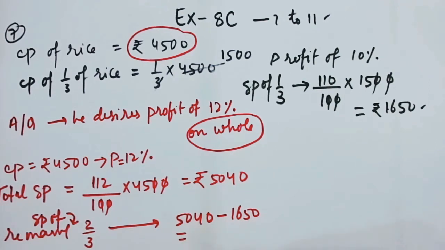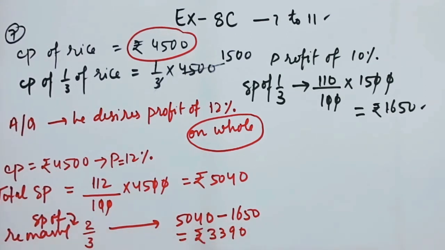This will give you how much? Let me check. Yes, 3390. This will be the selling price of the remaining 2/3.